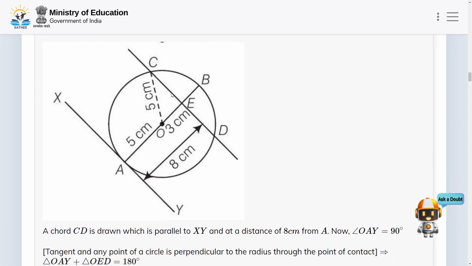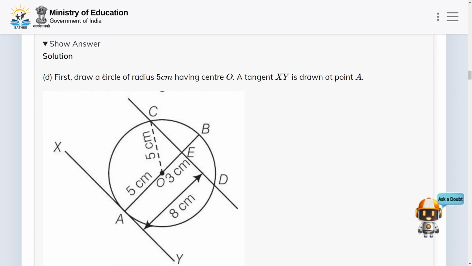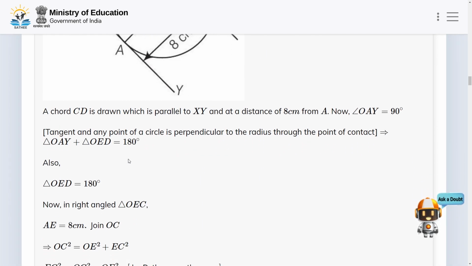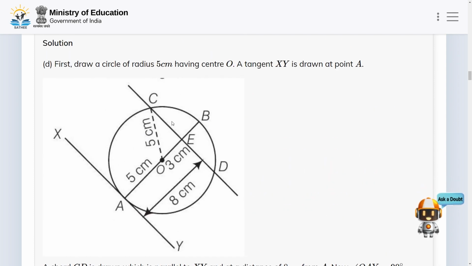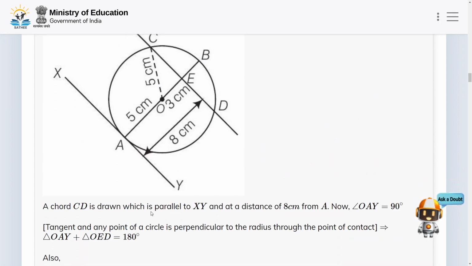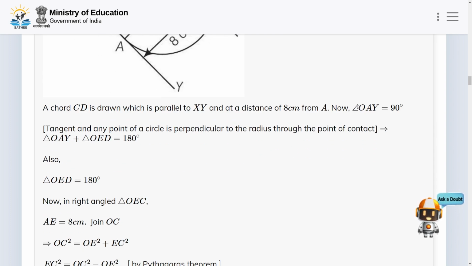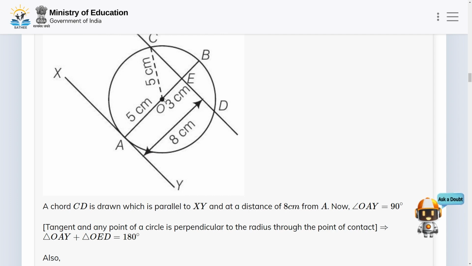First of all, draw the figure. Okay, so first draw a circle of radius 5 centimeters having center O and a tangent XY is drawn at point A. Okay, so a chord CD is drawn which is parallel to XY and at a distance of 8 centimeters.